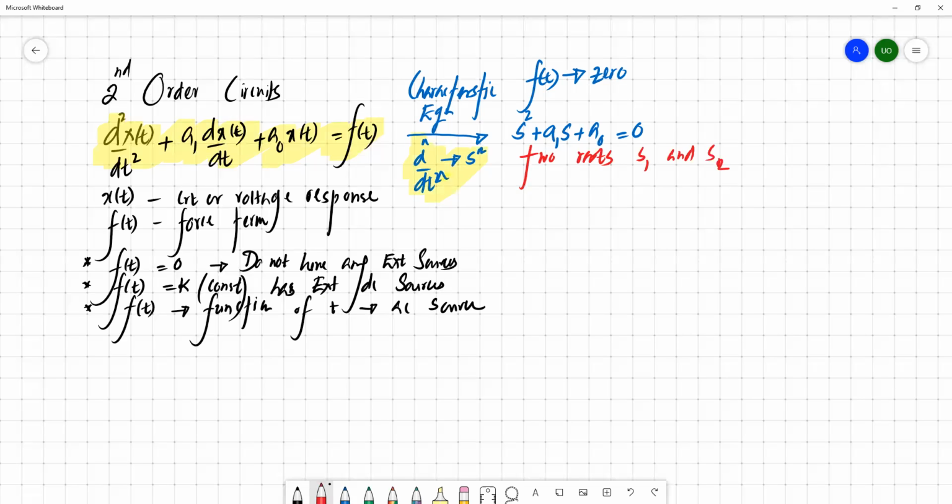Then depending on s1 and s2, we can further classify the response. So we can basically split into three groups.